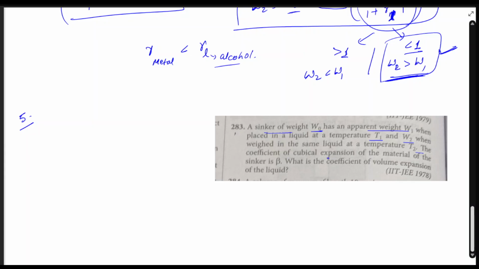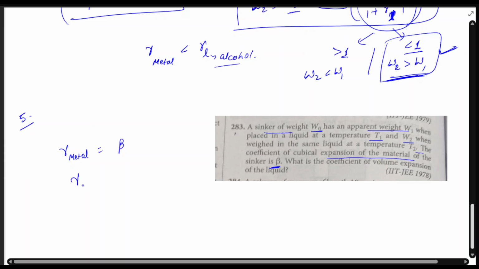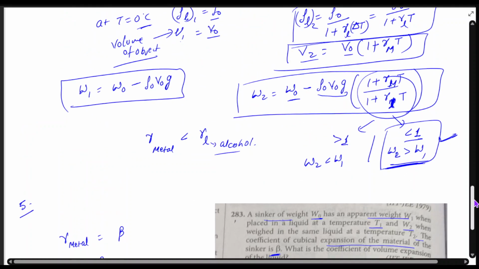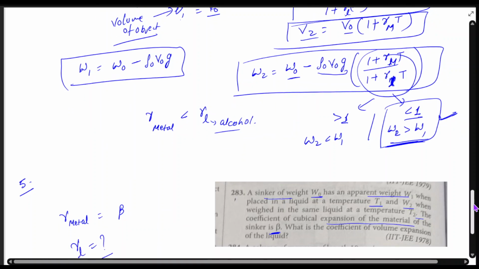The coefficient of cubical expansion of the material is beta, so gamma of metal is beta here. We have to find gamma of liquid. So let's write these equations again.